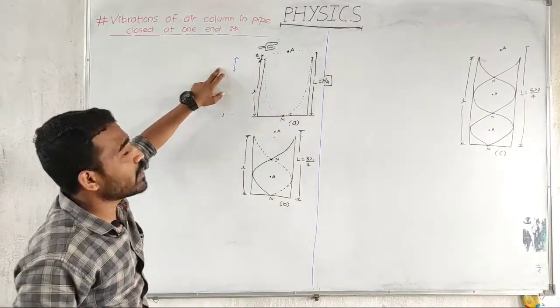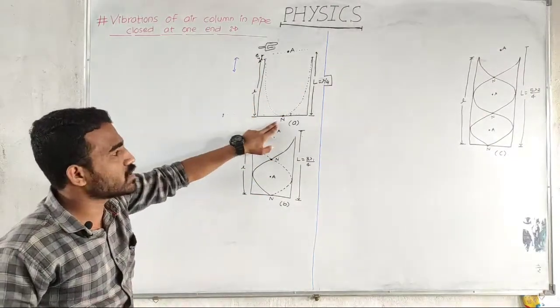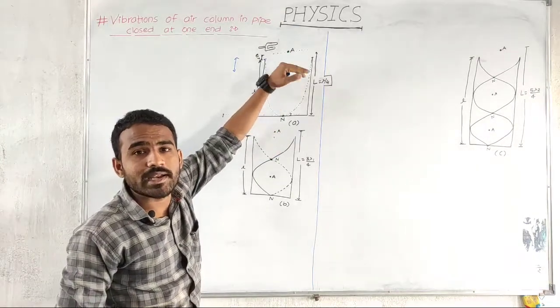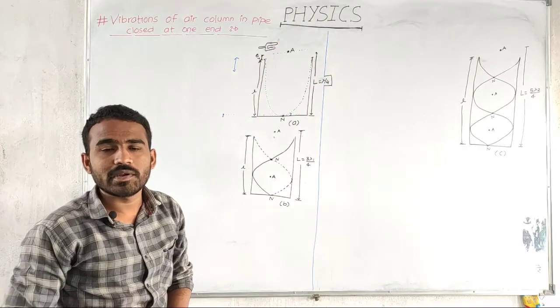Hence nodes are always at the closed end, and antinodes are always slightly beyond the open end.